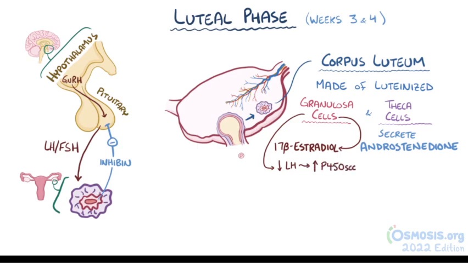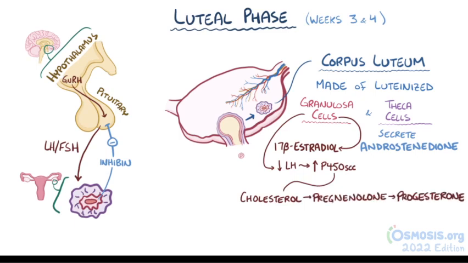This enzyme converts more cholesterol to pregnenolone, a progesterone precursor. So luteinized granulosa cells secrete more progesterone than estrogen during the luteal phase. So overall, this means that progesterone surpasses estrogen as the dominant hormone during the luteal phase of the menstrual cycle.